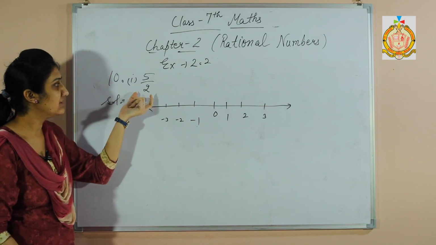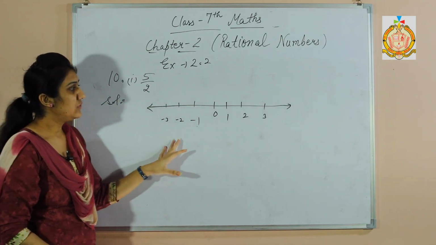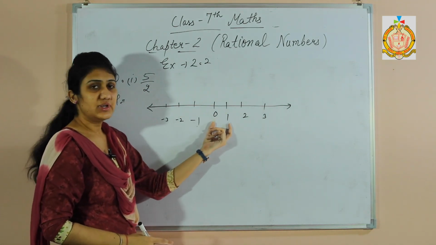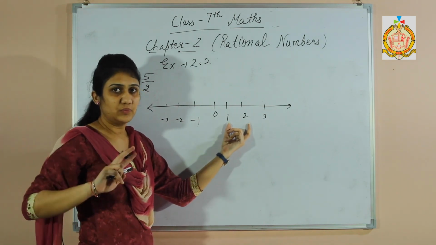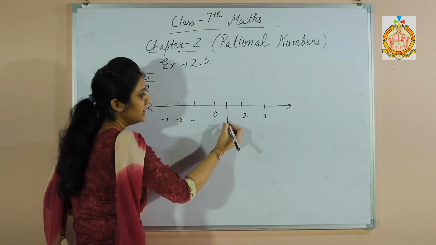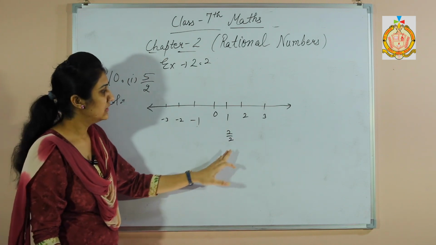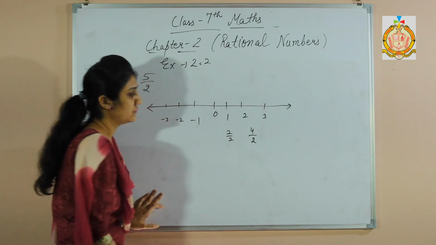Now we have to find the place for 5 by 2. Now see, consider this 2. Here it is in the denominator, which means we have to take 2 parts for each number. In between 0 and 1 we will take 2 parts. In between 1 and 2 we take 2 parts. So now 1 is nothing but 2 upon 2, and 2 is nothing but 4 upon 2.